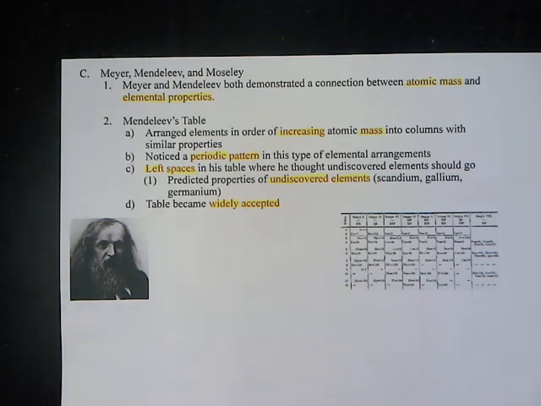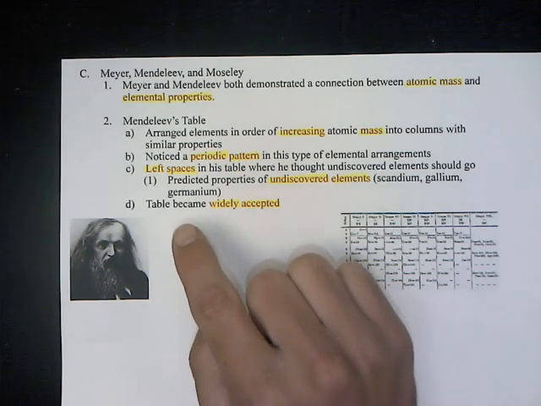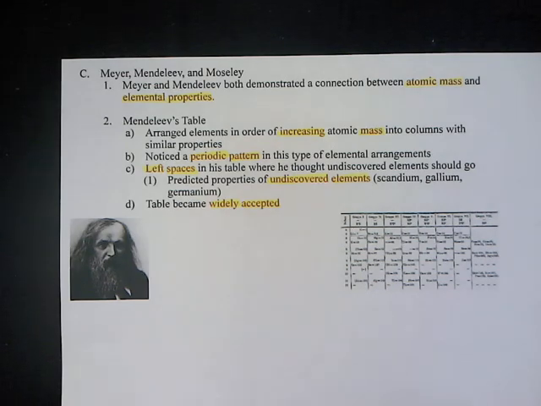He said, yes, there is that periodic pattern that John Newlands first discovered, but we don't know all the details yet of this particular table. We need to leave gaps. He left spaces, which is monumental. He left spaces and said, hey, based on the properties, there isn't an element we know, but there should be an element there.